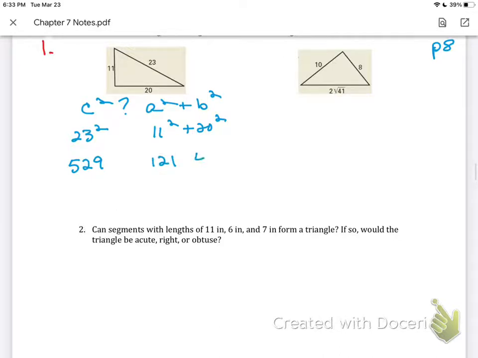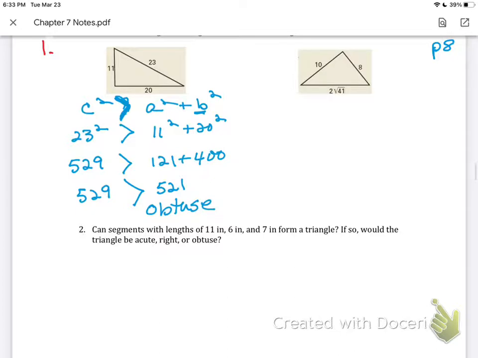And 20 squared is 400. Adding 400 and 121, I get 521. I'm comparing this to 529. And 529 is greater than 521. Come on up, put the greater than symbols. Even here, and what do I know? My arrow is pointing towards the B, so this is obtuse.